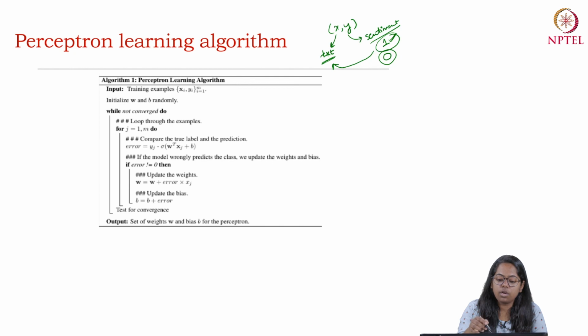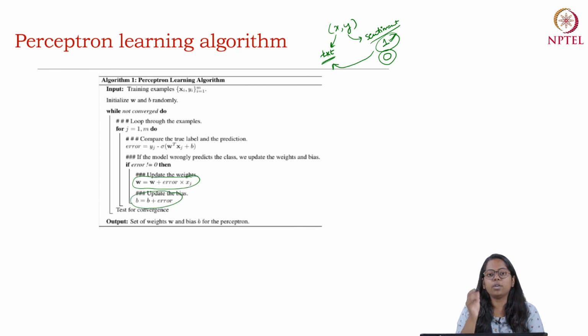We'll go in depth into this perceptron learning algorithm when we learn about backpropagation, because the weight update, that is, the error used to modify the weights and the bias of the perceptron, is all part of backpropagation.